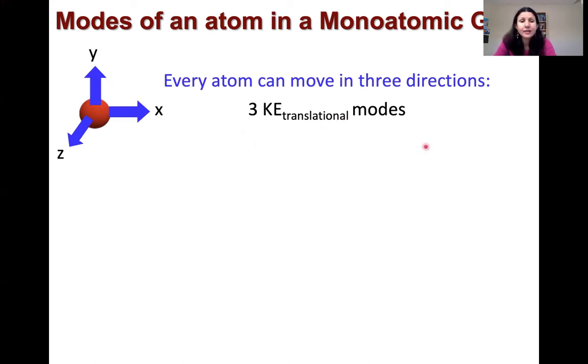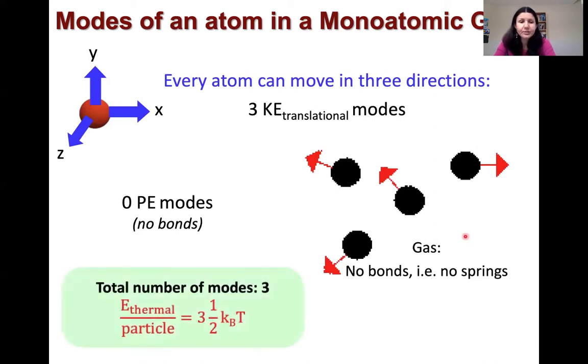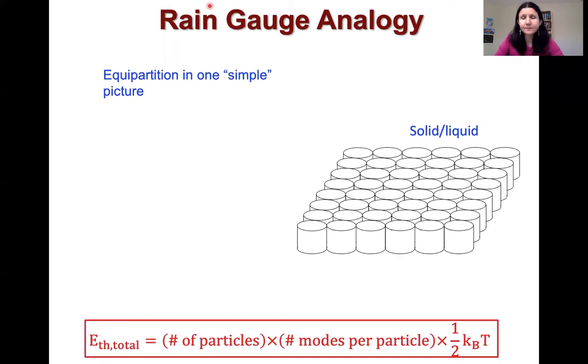So there are no potential energy modes. There are no bonds present here in a gas, so no springs associated with any of the interactions. So the thermal energy each monatomic gas particle has is 3 times 1/2 kB T, because there are only 3 modes compared to 6 for each particle in a solid or liquid.